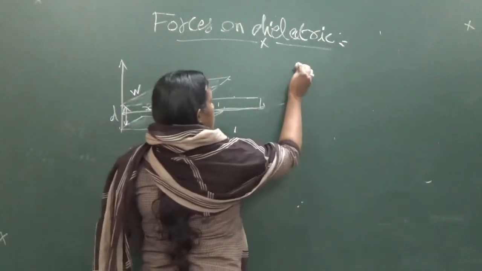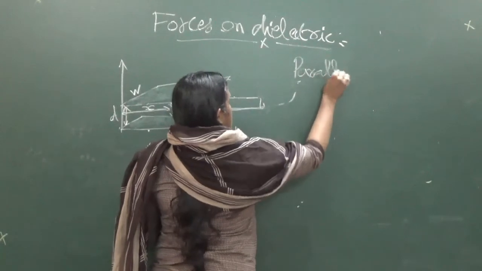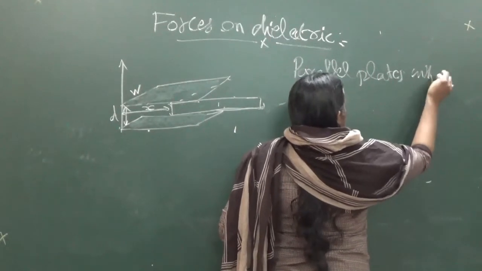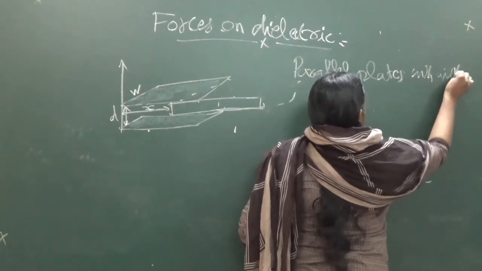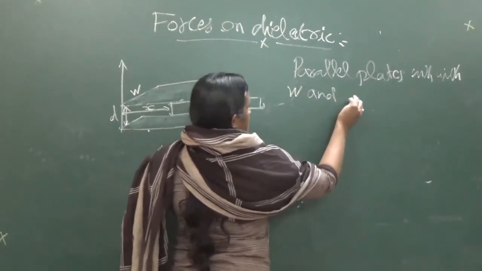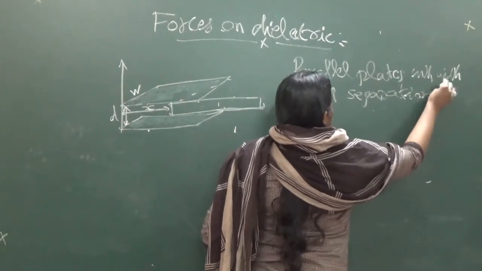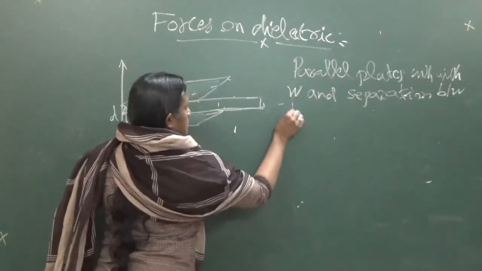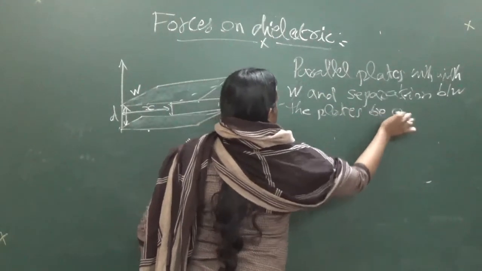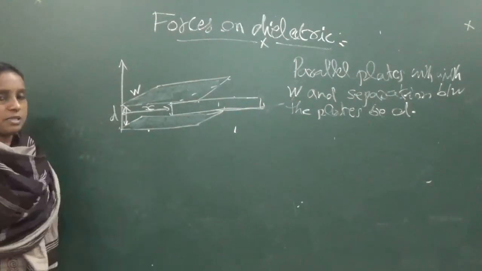So in our system, there are parallel plates with the width W, and the separation between the plates is D. This is the width of the plates and this is the separation between the plates D.